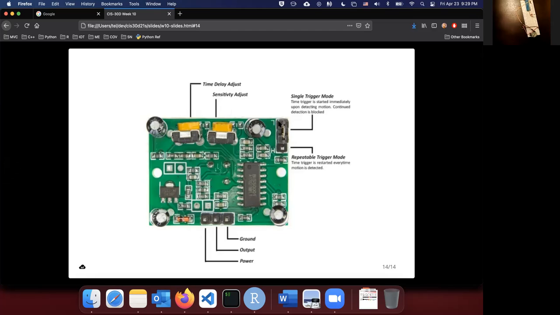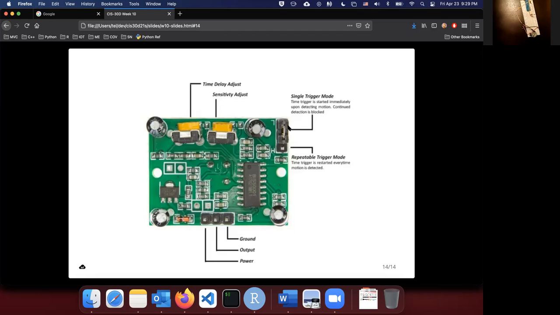This is already connected, put into a mode where it does a single trigger mode instead of a repeatable trigger mode. That single trigger mode means the trigger is started immediately when it detects a motion, and it will not do a continuous detection. Versus if you adjust the pin in a way that will be repeatable.